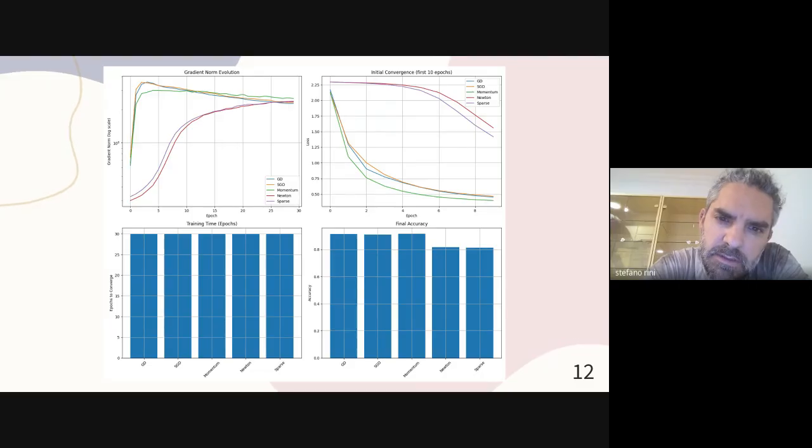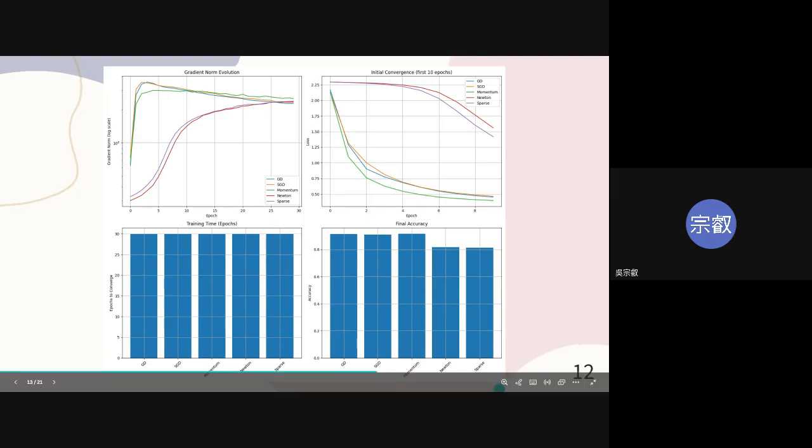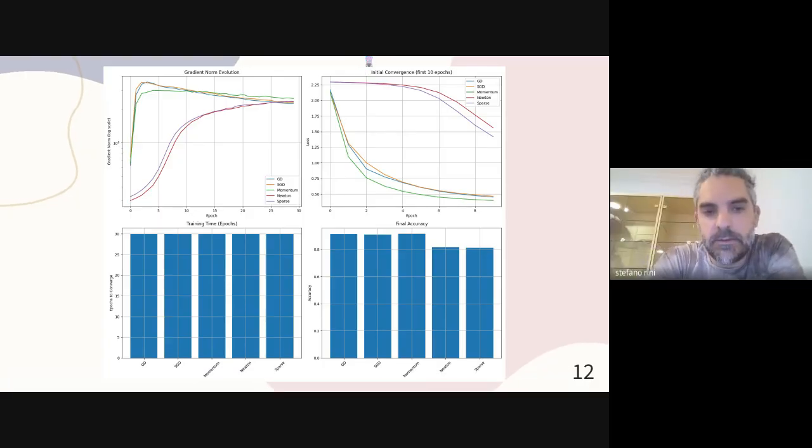What's the bottom right figure supposed to say? From my observation, their training time is almost the same, but Newton and the sparse accuracy is a little bit lower. Okay, understood. You choose the number of epochs that you train them for, right? If you look at the number of epochs needed to reach a certain accuracy, then it will make sense. Otherwise, these are all 30 because you chose them to be 30, so not very informative. Go ahead.